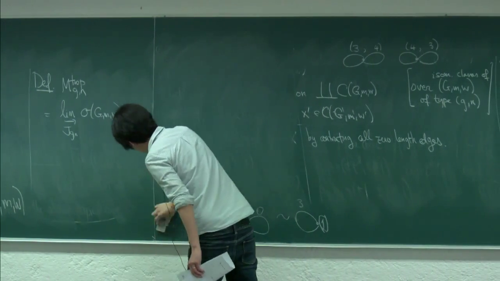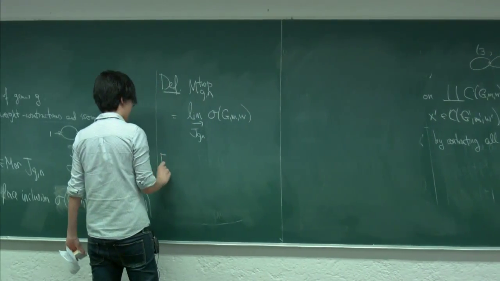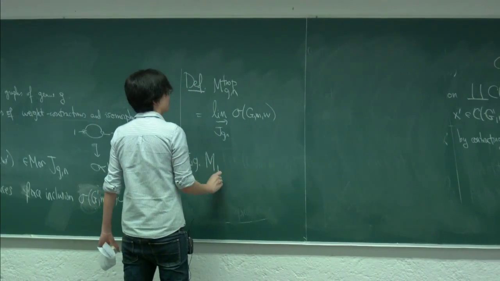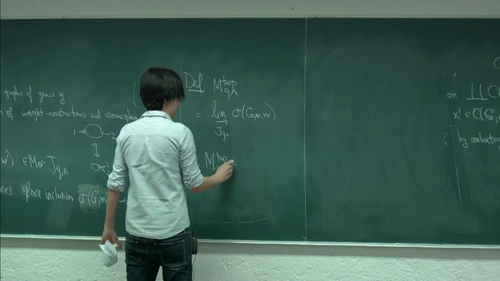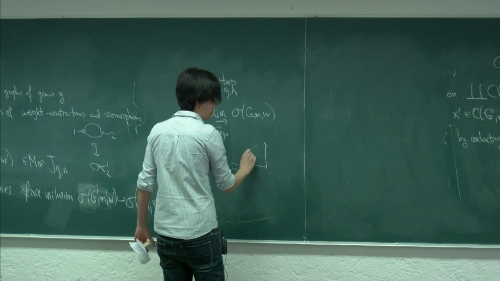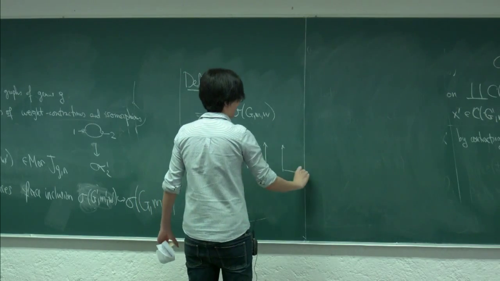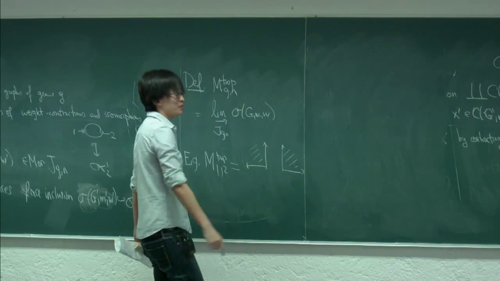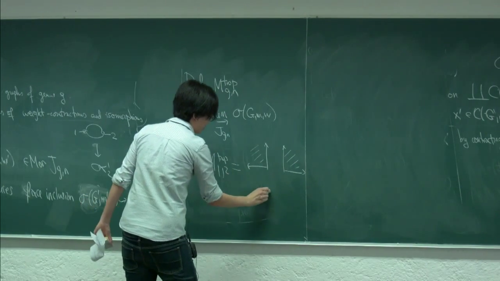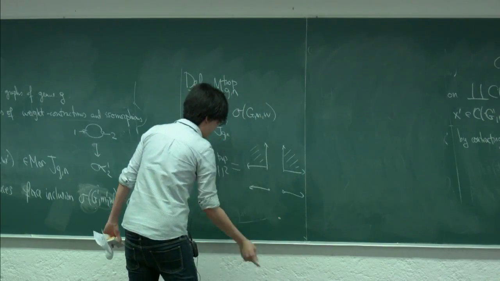Genus 1, 2 marked points. So, for example, M_{1,2} trop, I can think of as obtained by taking a bunch of these orthants. I'll draw the orthants positioned so that it's hopefully clear what they correspond to in my poset over there. So I have a two-dimensional cone, 2 rays, and a point.